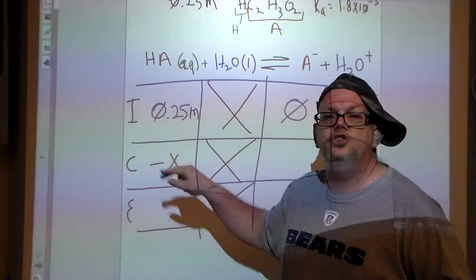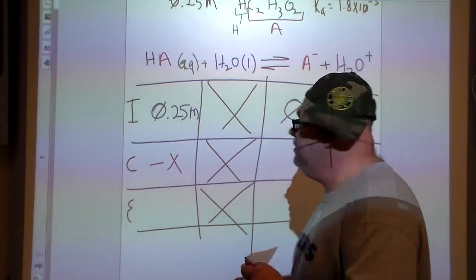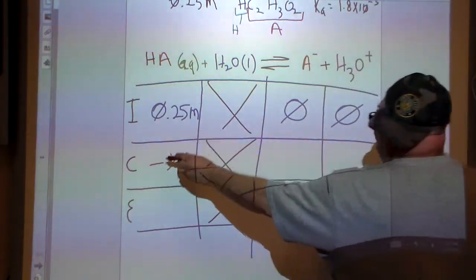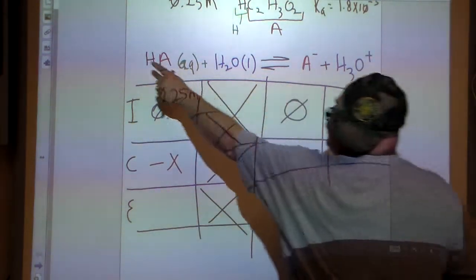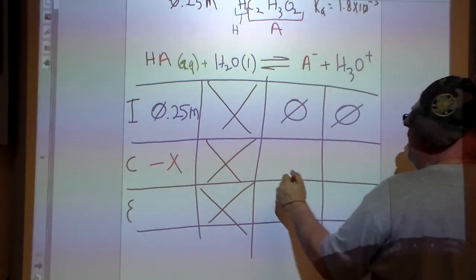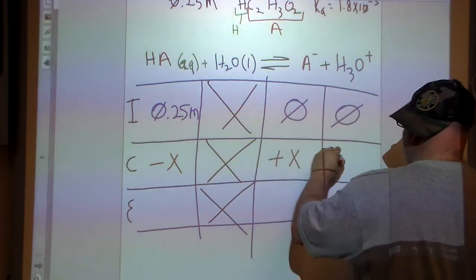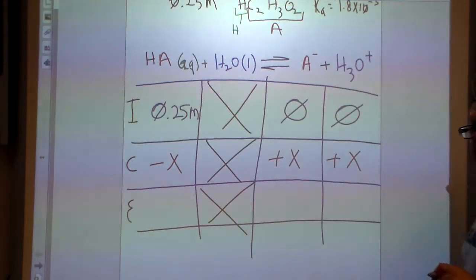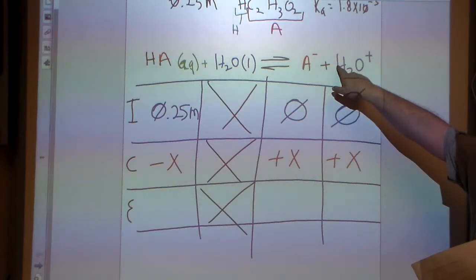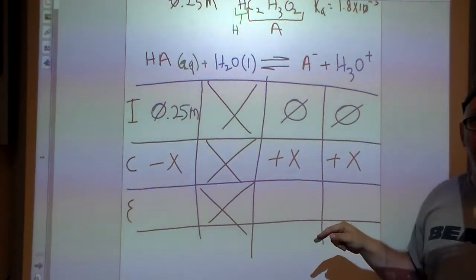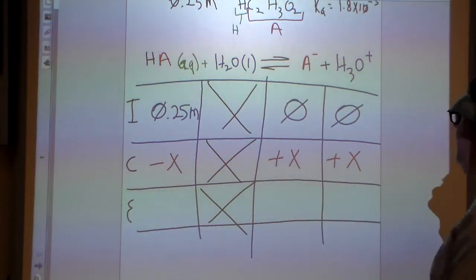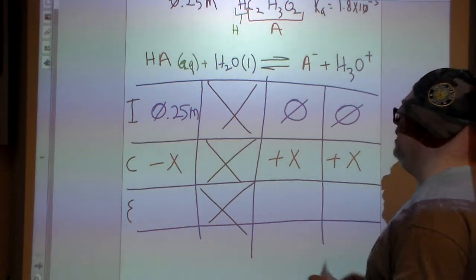The negative tells us the direction. So what happens over here is going to happen over here. Since this is 1 to 1 to 1, these two are both plus x. If we had a 2 in front of that H3O plus, it would be a plus 2x. So this is what we've got.